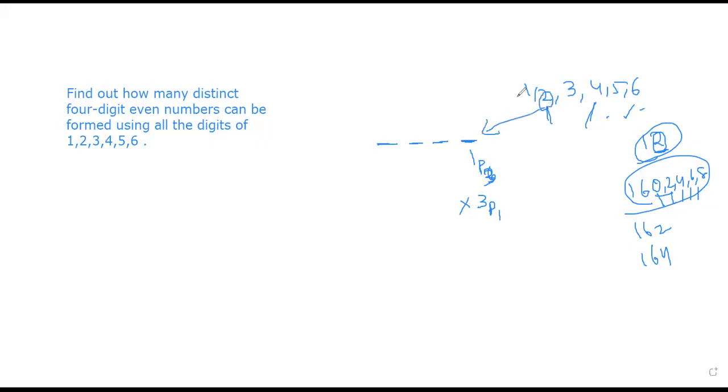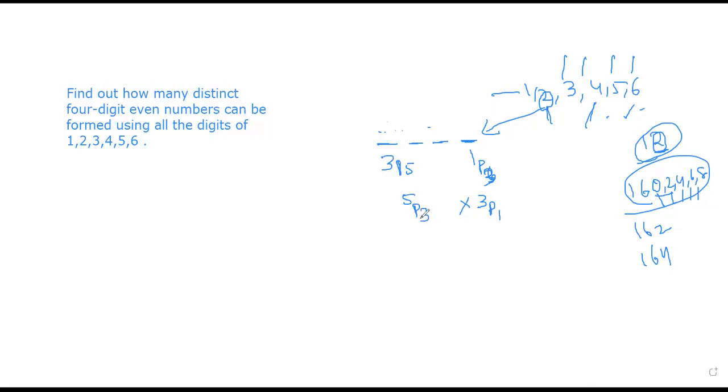What are the remaining numbers? 1, 3, 4, 5, 6, five numbers. These five numbers can be filled in three positions only, so you write 5P3.